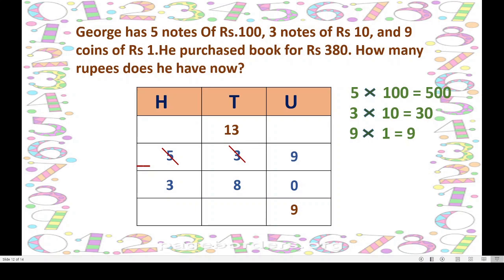And here 5 becomes 4. Right? Now 13 minus 8, it is possible. So how much? That is 5. Isn't it? And here in the hundreds place, 4 minus 3, that is 1. So George has now rupees 159 left with him. Correct? Got this? Okay.